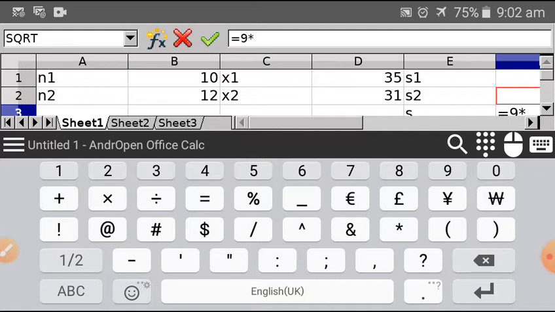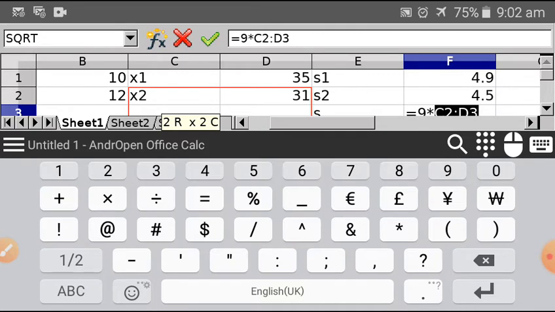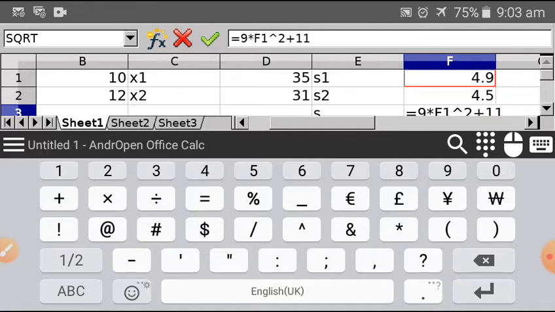This is our s1 value, and it's to the power of 2. This is our first value, and plus we have n2 minus 1. n2 was 12, so let me take 11 into s2 square. s2 is 4.5, squared.